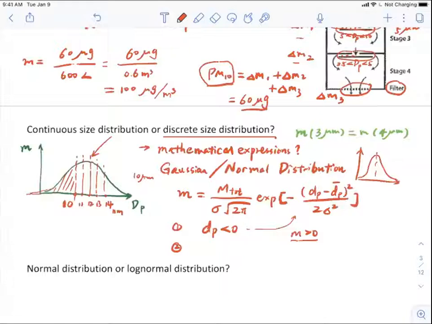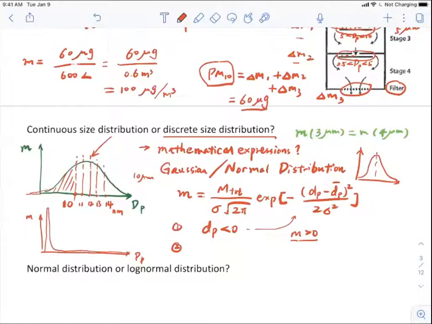So how do we plot those particles on this curve here? If we want to show everything on this Gaussian distribution, we're going to have a high peak in the nanometer range, and then relatively few particles in the micron range, right?